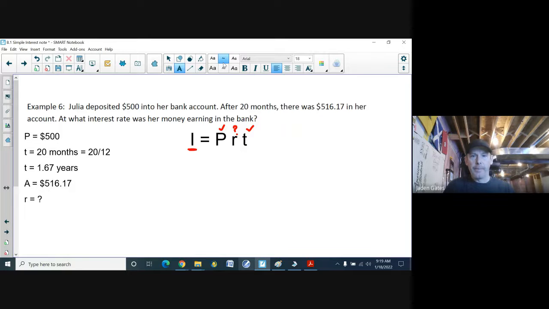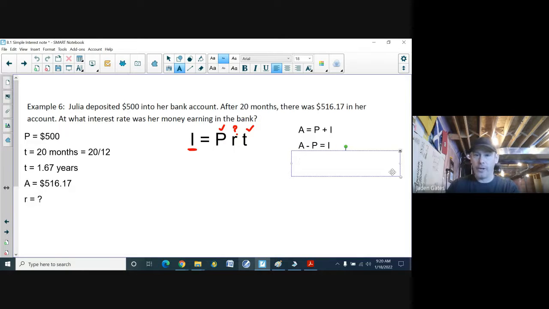But again, the amount that's in your account is all the money that you put in the bank plus the interest you've earned. And so what I can do to find that interest is rearrange this formula and move P over to the other side and have A minus P is equal to I. So if I subtract the amount minus the principal, I'm going to figure out how much interest there is.